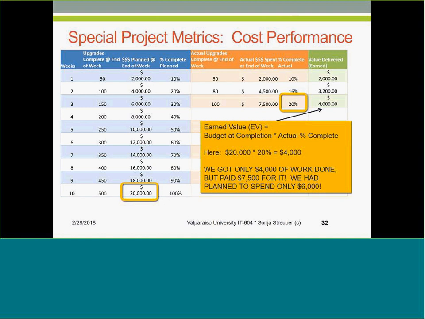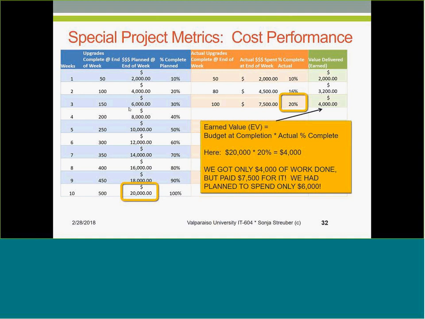We are going to multiply that with current actual percentage complete. We're going to get a dollar number here, right? We can compare that dollar number to the value that was delivered with the dollar value that was planned. So we got only $4,000 worth of work done at the end of week 3. We were to get $6,000 done.